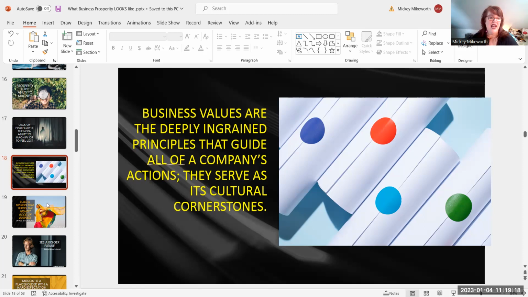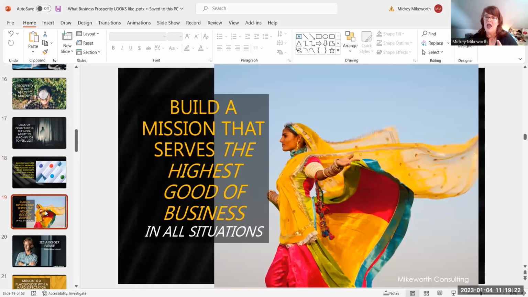And I think sometimes it's easy to look at mission. And the first place I look at mission is to say, what is the purpose of mission for a business? It is to serve in the highest good of business in all situations. You're looking for a simple sentence, and you'll see some of these slides over and over again, and you'll see me bring up these concepts in just a slightly different view so we can look at them again and again and again.